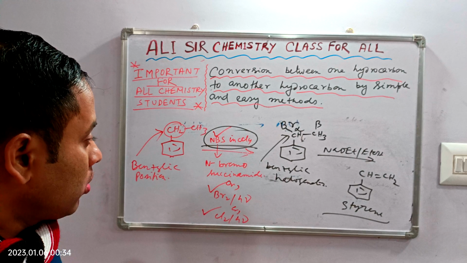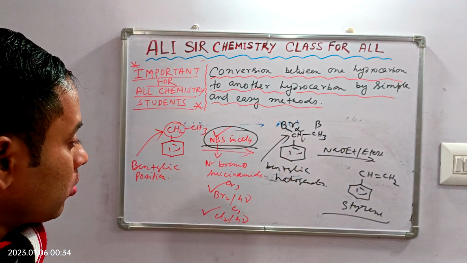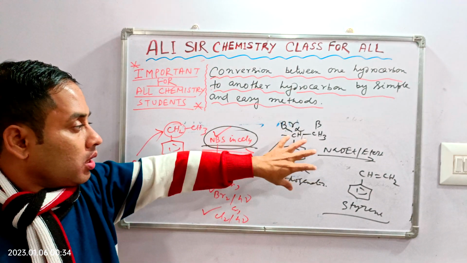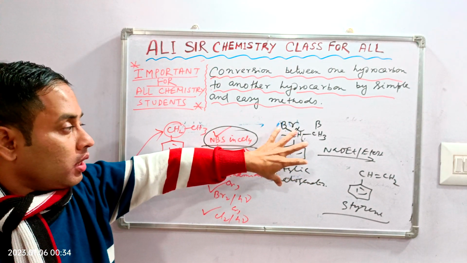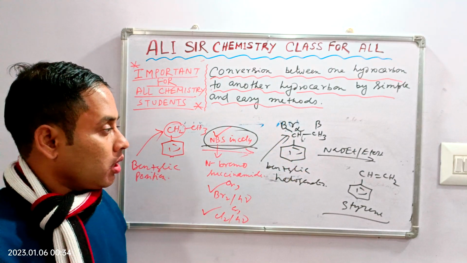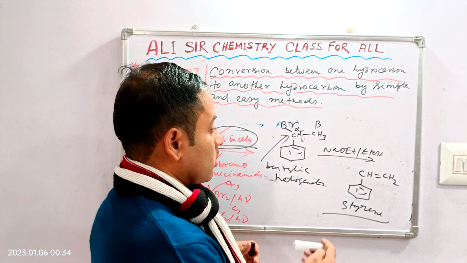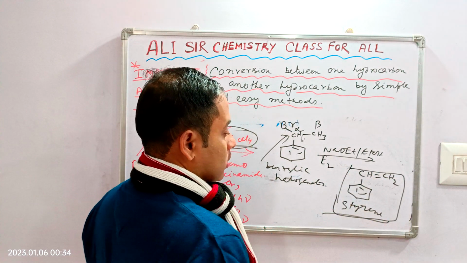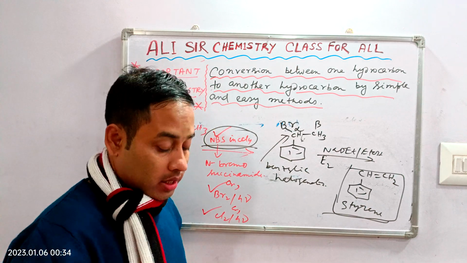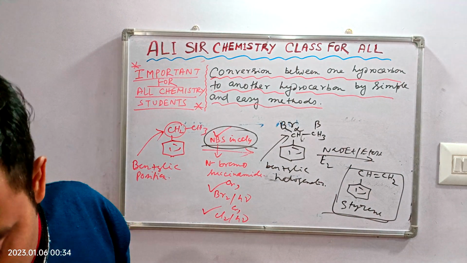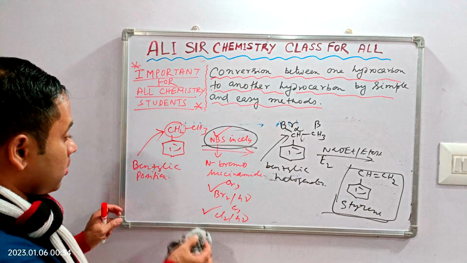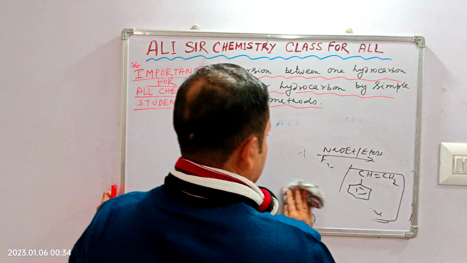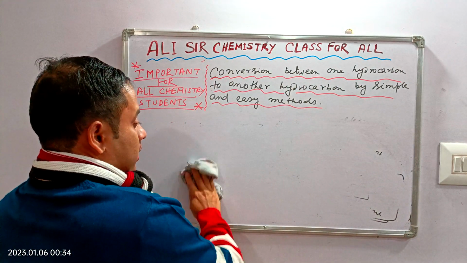By using NBS CCl4, or bromine hv, or Cl2 hv. We get the brominated product at the benzylic position, and after that we used a simple E2 reaction and reached our final destination, an alkene compound called styrene, one of the important compounds. Let us take another example.